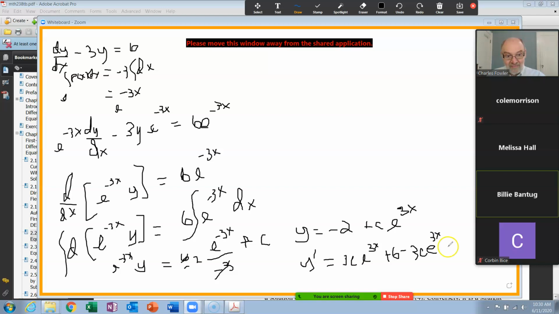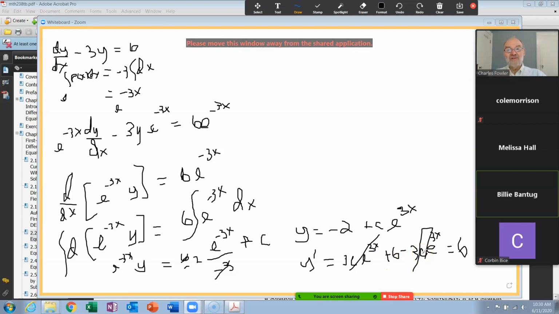And then that thing should equal 6. And guess what? This and this add to 0, and that 6 equals 6. Yes, it does.